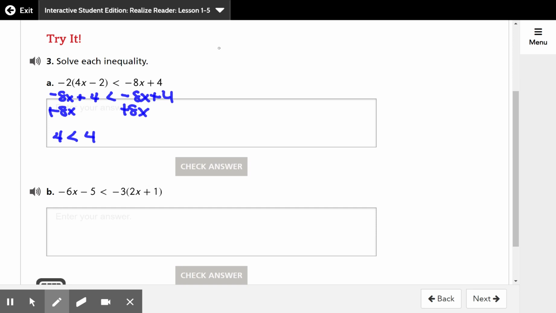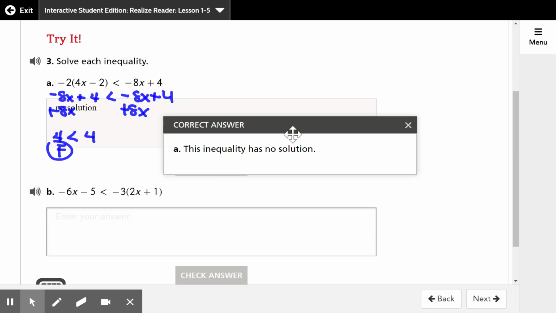So in this one, it leads to a false statement. So you do have to go and do the work entirely. Now, if there was an equal sign under there, then yeah, that would be fine. But it's not. It's just less than. So this inequality has no solution.